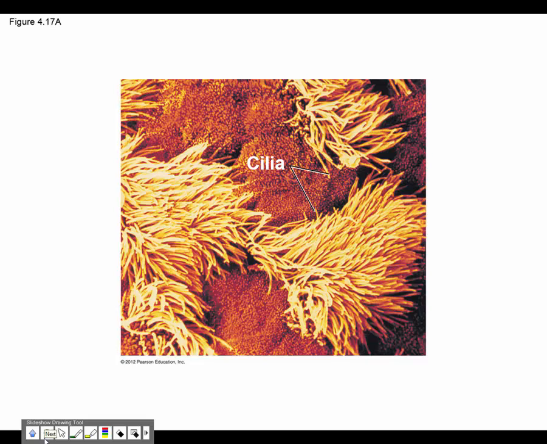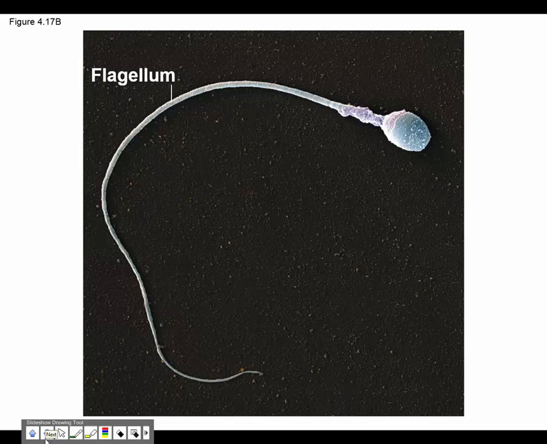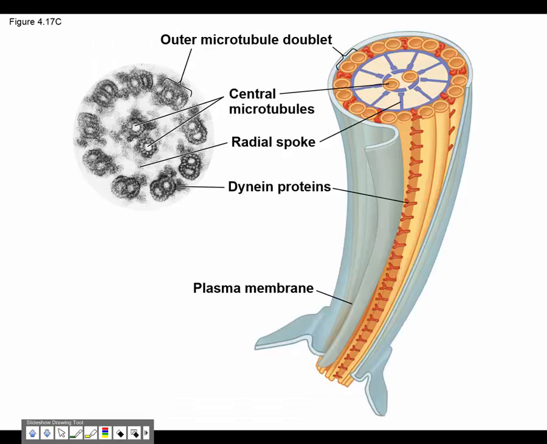So here's the cilia inside your lungs. So when you're coughing up that mucus, these are the cilia. It's constantly pushing stuff, working stuff out of the lungs, keeping your lungs free so they can breathe. And here's a picture of a sperm, a really long flagella that works in a whip-like motion to help that guy swim upstream.